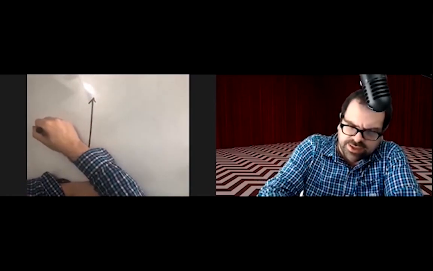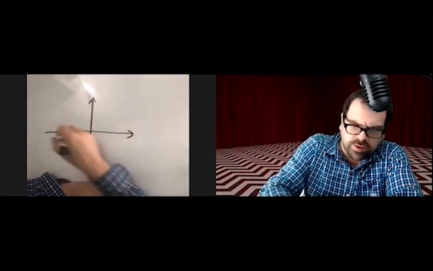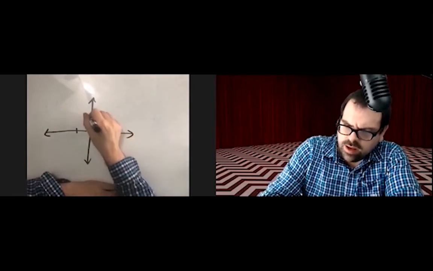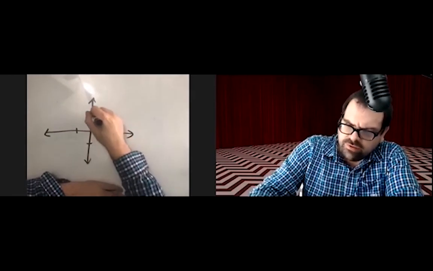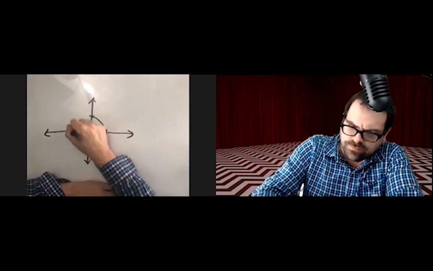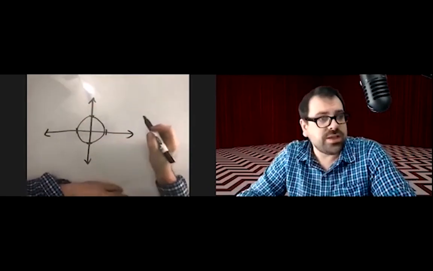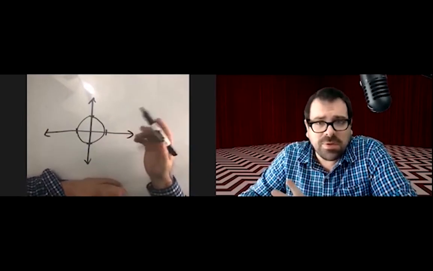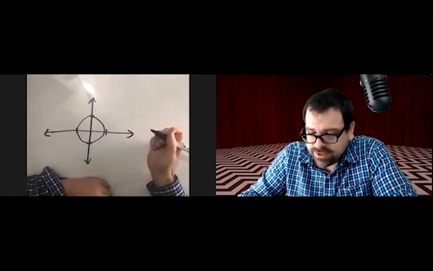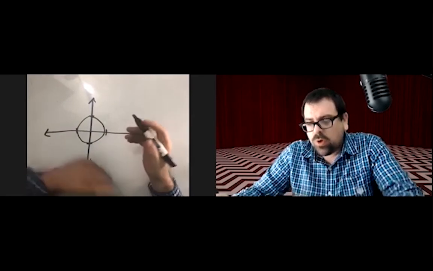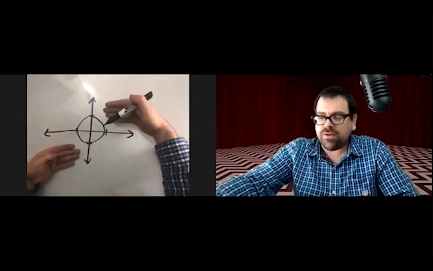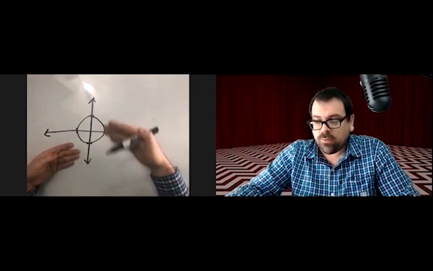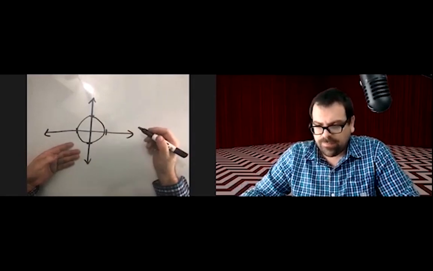If we, for instance, were looking at the graph of a circle centered at the origin, and again, pretend that my drawing is better than it actually is, we can see that we can fold it over the x-axis and it would line up with itself.